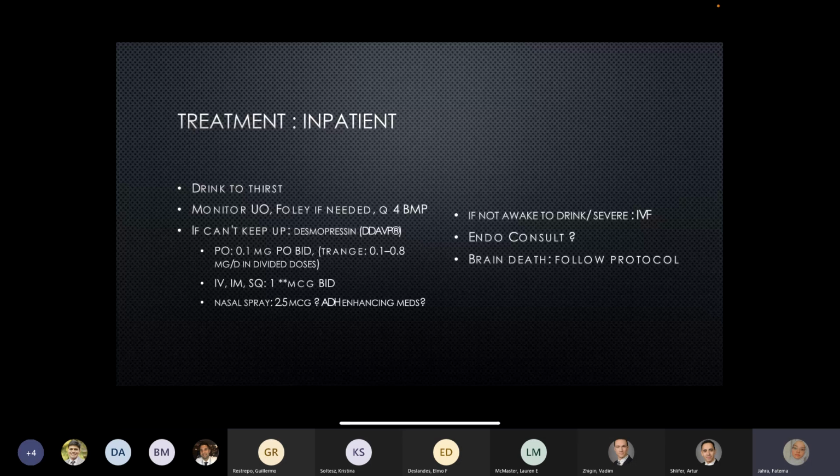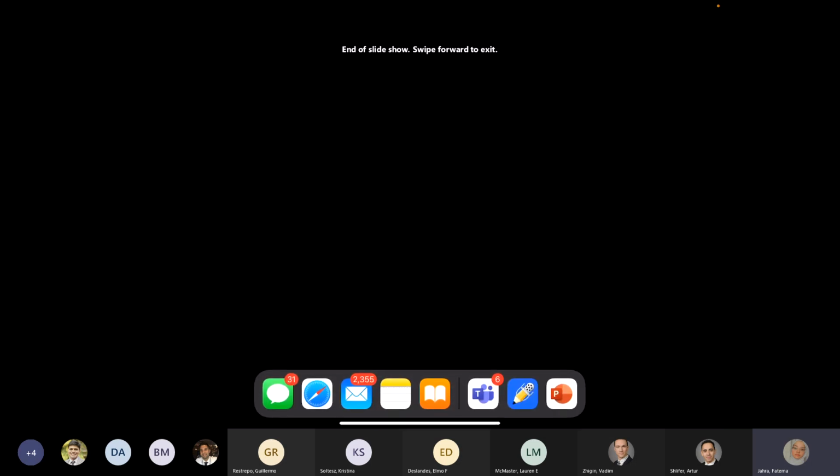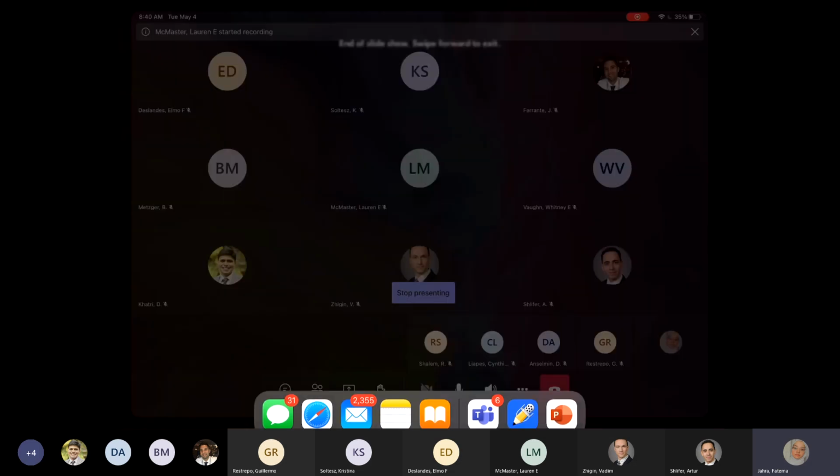At that point, if you meet all those Bookvar criteria, you can give DDAVP. Just to differentiate, IV is 1 microgram and PO is 0.1 milligram. Just to keep in mind. And in our case, we'll probably call endo and get their help at that point too.